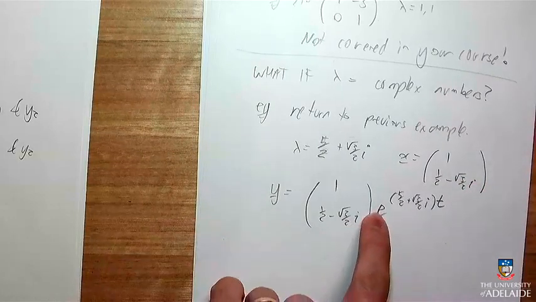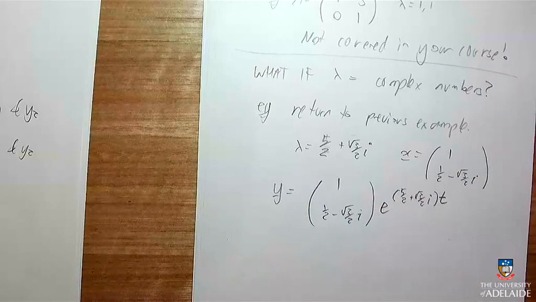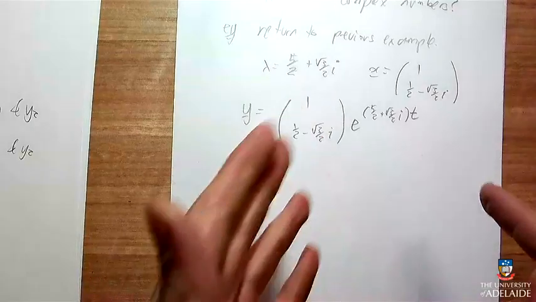It's x times e to the lambda t. But at the moment, this is a function that is allowed to have complex numbers in it, so if I put a real number in it, it's going to give me a complex answer. I'm just going to figure out what this is.